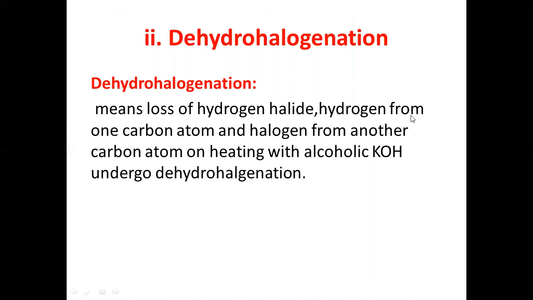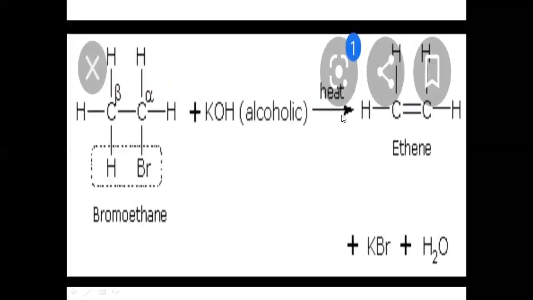After the elimination of hydrogen from one carbon atom and the halide group from the second carbon atom, on heating with alcoholic potassium hydroxide, the compound undergoes dehydrohalogenation. In this case, the presence of alcoholic potassium hydroxide is compulsory. You can see an example of an alkyl halide.